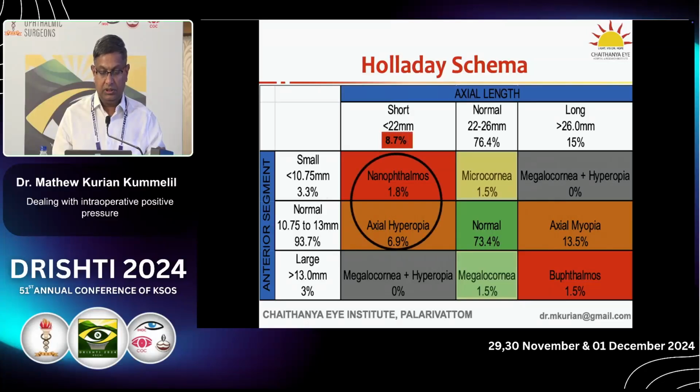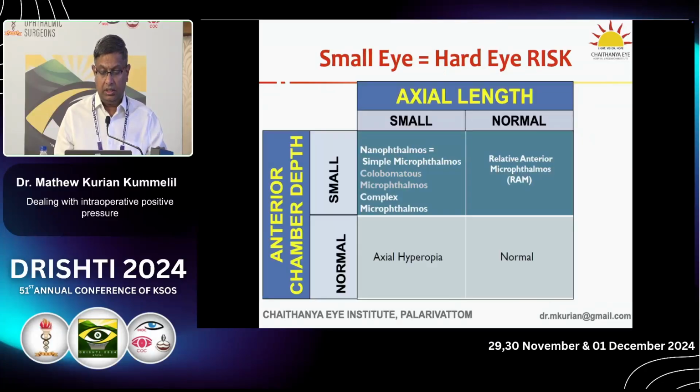About 9% are short, out of which 2% have a proportionately crowded anterior chamber as well. Challenges in the longer ones are much less, and the risk of an intraoperative hard eye is very much higher when you have a small or crowded anterior chamber, maximum being when the anterior chamber as well as the axial length are both small.